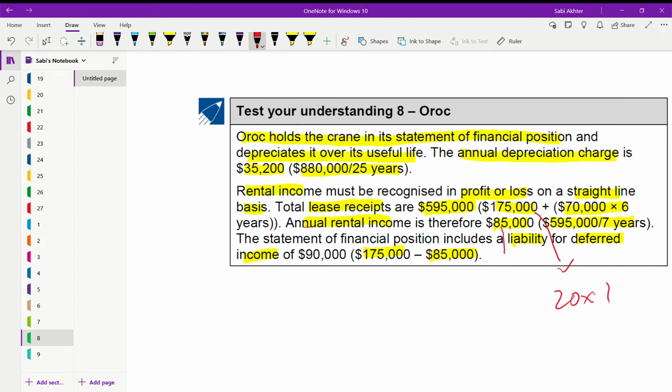This annual rental income 85,000 you deduct. The rest has not yet been earned, it is deferred income. So the balance is your liability. This 90,000 should be recorded in the statement of financial position as a liability.